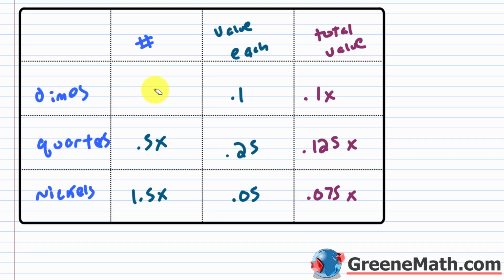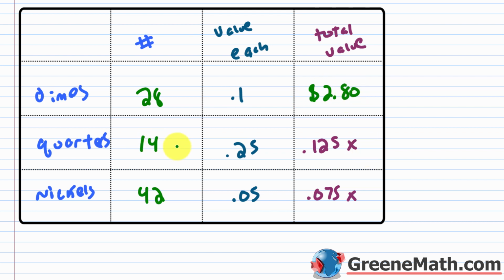So coming back, this is 28. And then 0.5 times 28, or half times 28, is 14. And then 1.5 times 28 is going to be 42. So again, you could just multiply across, or you can plug a 28 in everywhere you see an x. Same answer either way. So 28 times 0.1 would be 2.8, so $2.80.